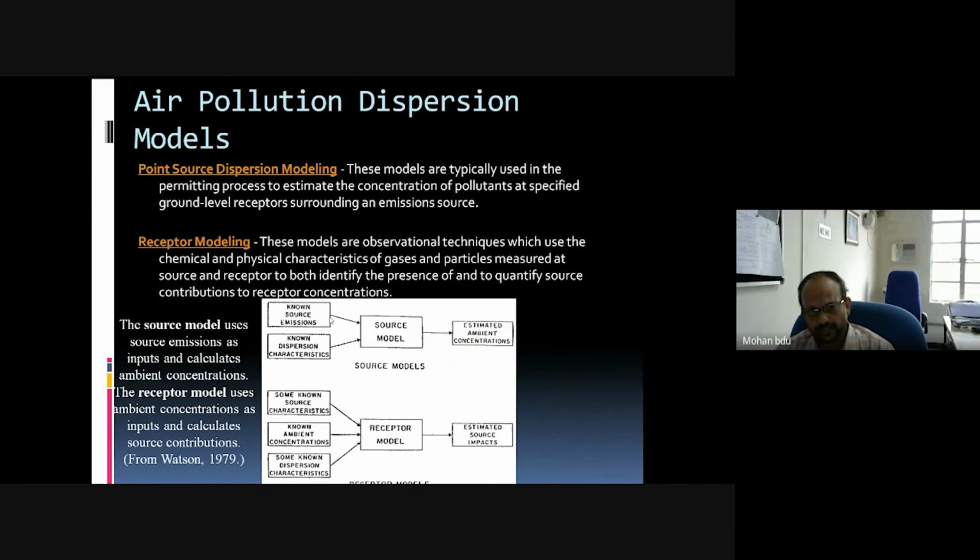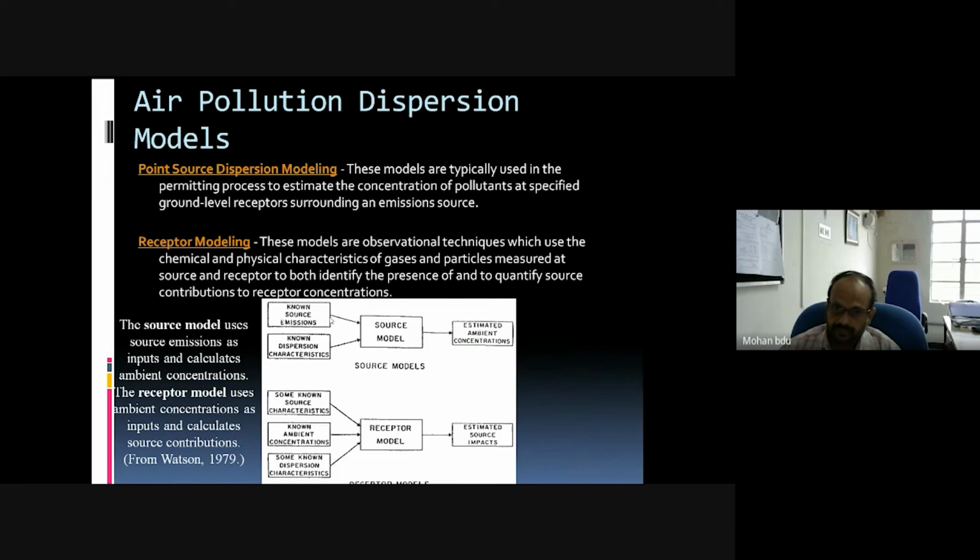And there is also another model which is being widely used, the receptor modeling. These models are mostly used in EIA. These models use the observations made using air pollution capture devices or air monitoring instruments.